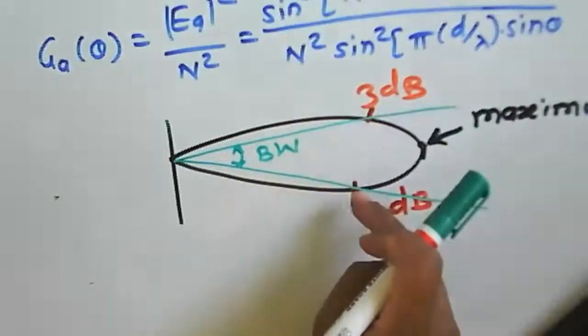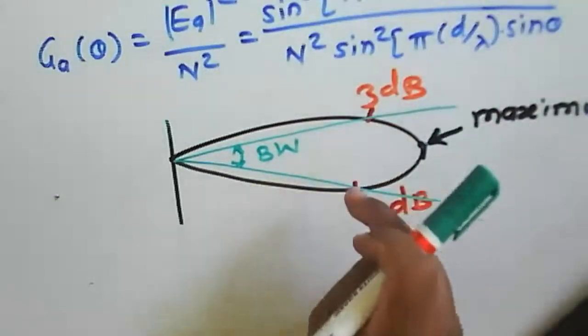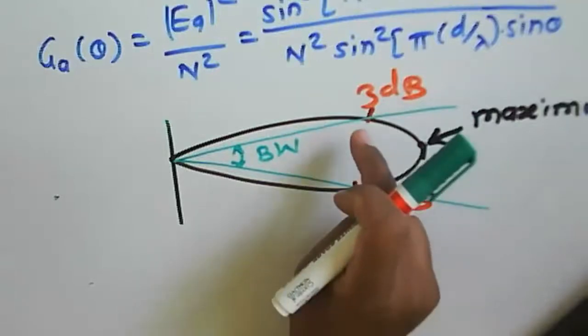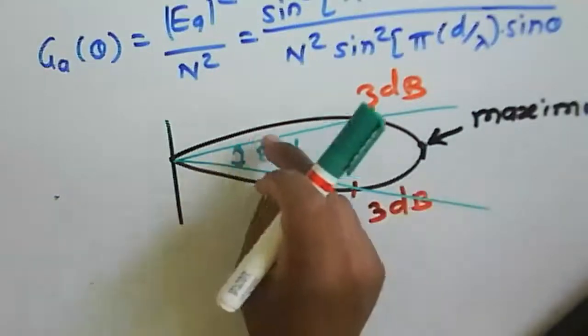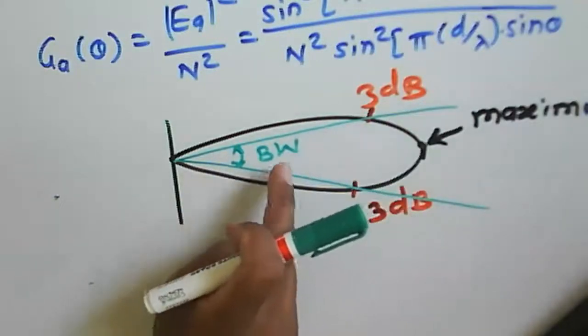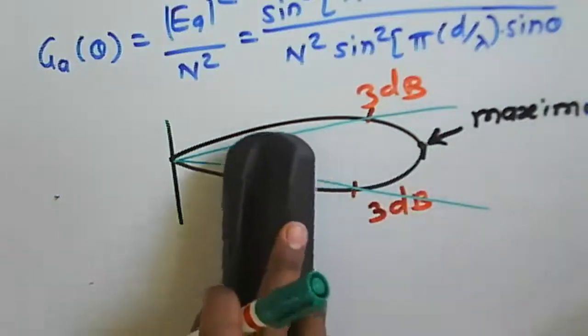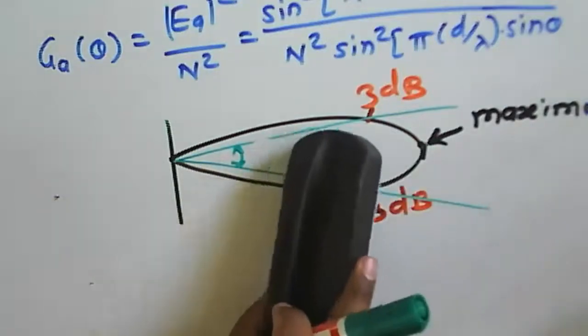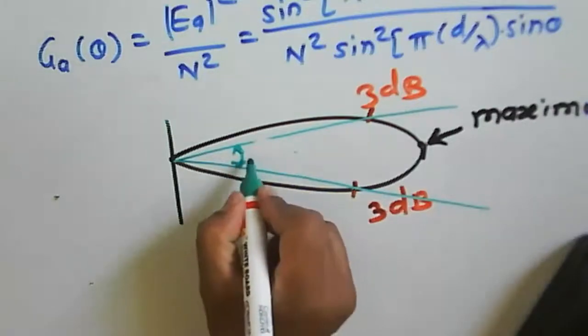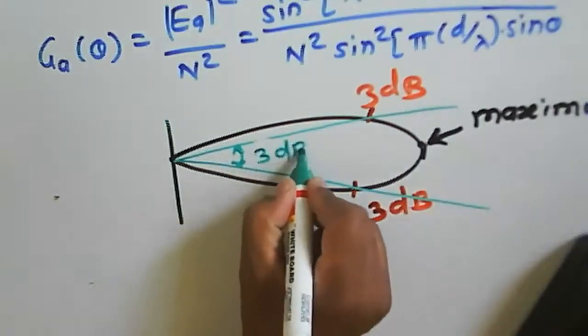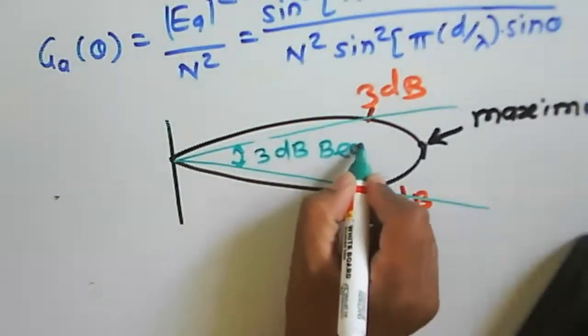So we locate the 0.5 of the maximum point, and then we will get the beam width, and this is called a beam width, not a bandwidth. So we can write here, this one is called a 3 dB beam width.